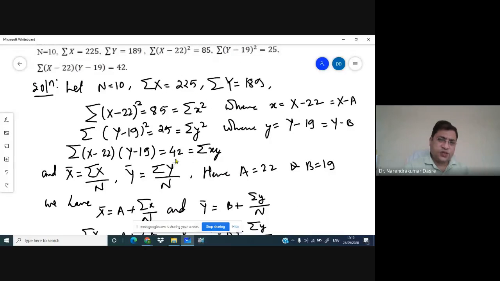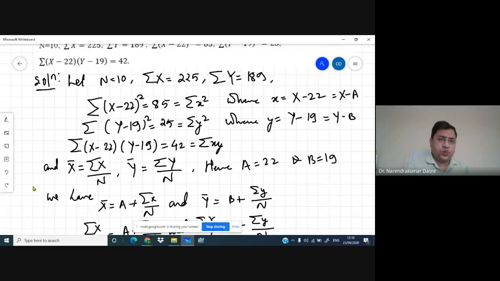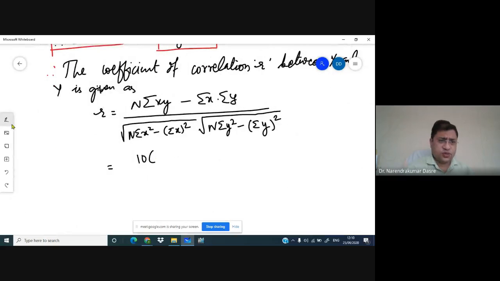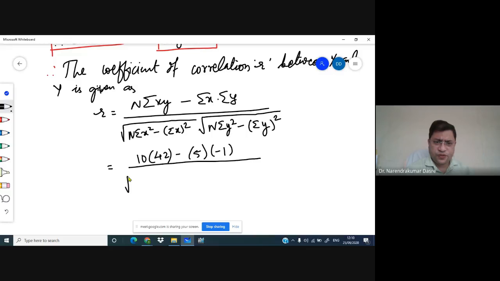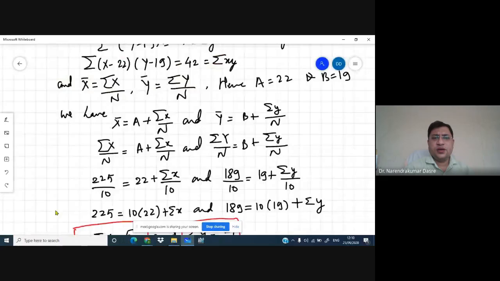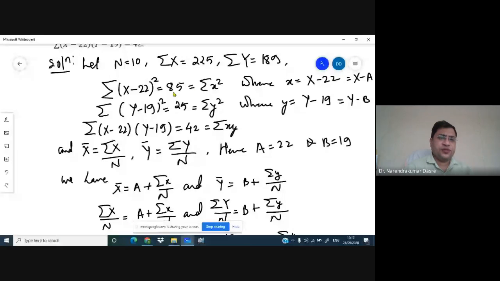So what value we want xy? So it is going to be 42. So we got this is going to be 42 minus this is 5 minus 1, and here we have square root of 10 times this summation x square. Okay, so what is summation x square? It's going to be 85 and this is going to be 25.